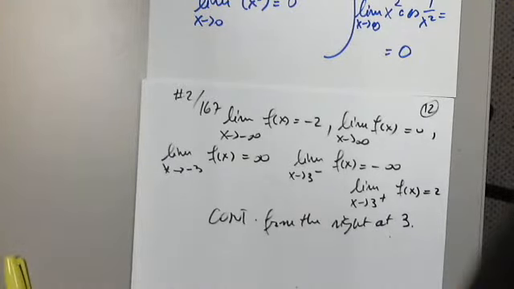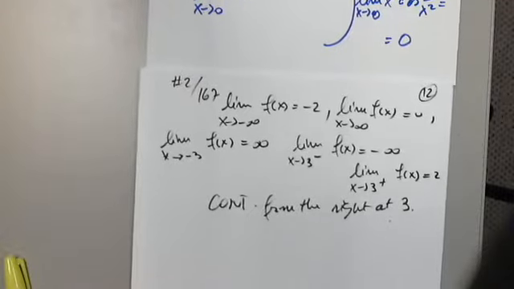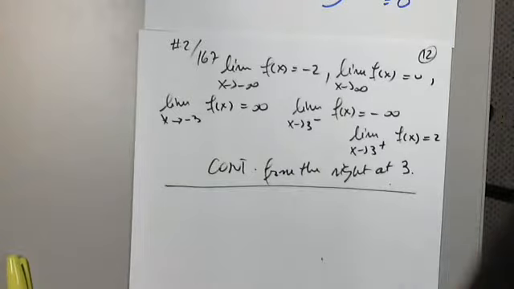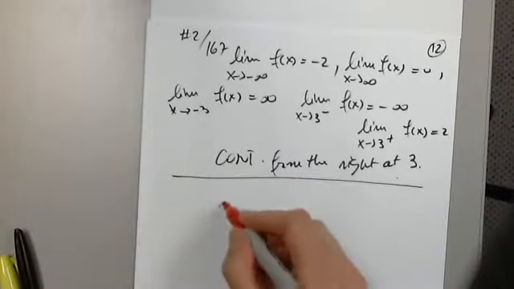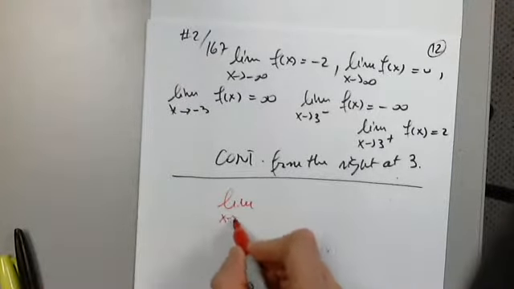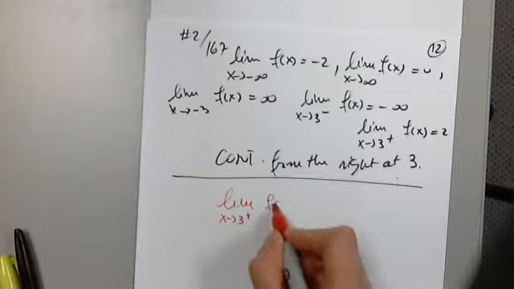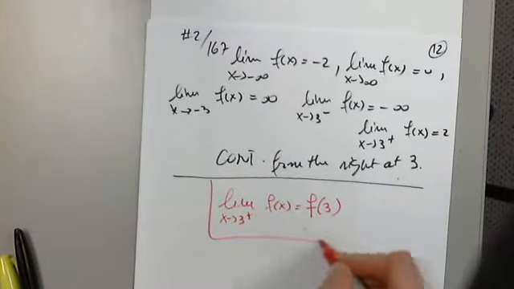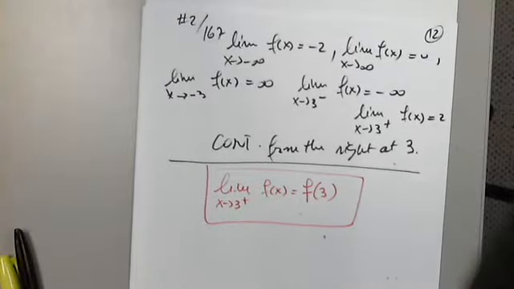Can anyone give us the definition of continuity from the right? I want to write it before we even look at anything. Can anyone give us the definition of continuity from the right of 3? The limit as x approaches 3 from the right equals f of 3. Very important.